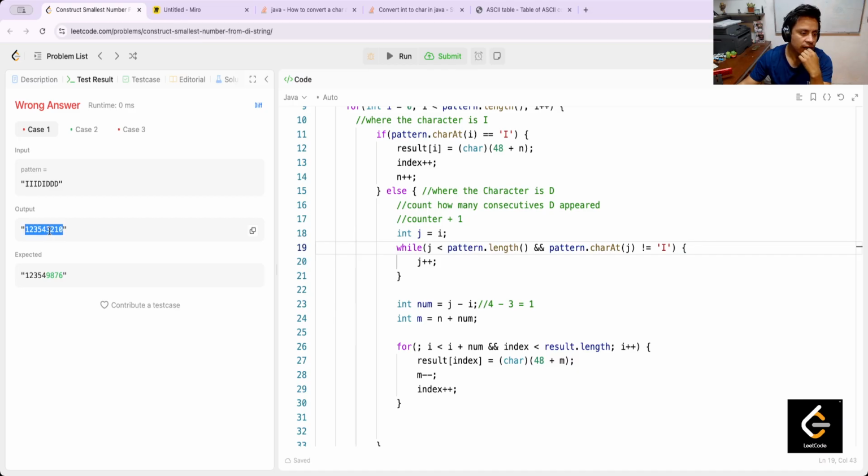Okay. I am using a few values that don't exist anymore.